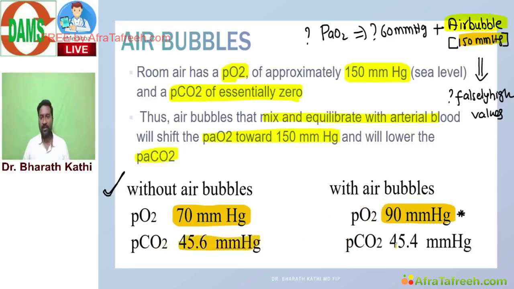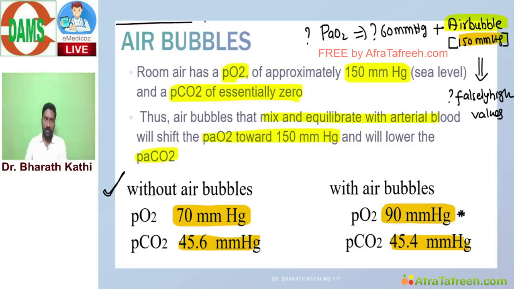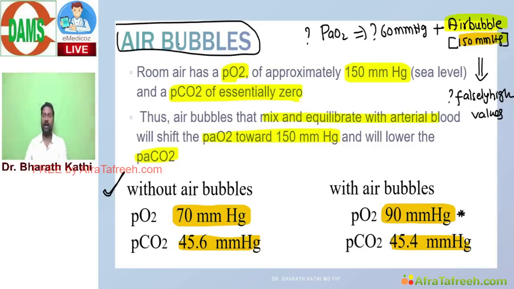PaCO2 has slightly decreased because the PaCO2 in that air bubble will be less, so it will try to decrease the CO2 of the blood. In the question, if they ask the effect of air bubbles, they can have oxygen in them, and when mixed with arterial blood, they can give false values.